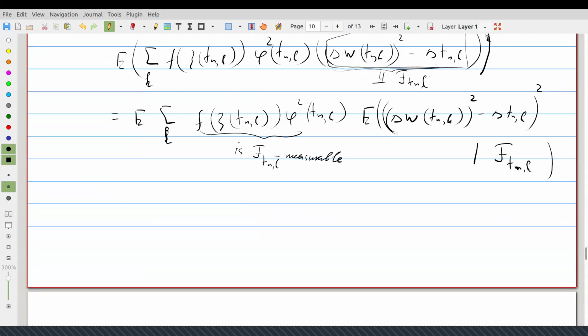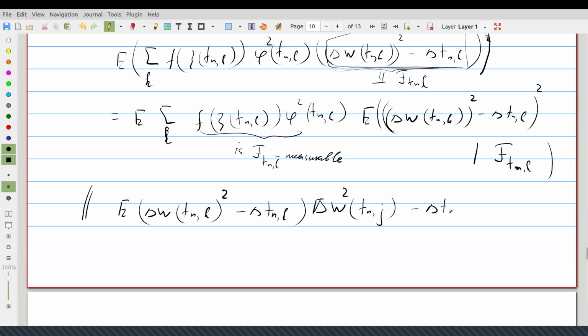So cross terms disappear. You can always take an additional conditional expectation with respect to the higher k: delta W t and k squared minus delta t and k times delta W t and j squared minus delta t and j, when k is greater than j, times psi t and k phi squared t and k.